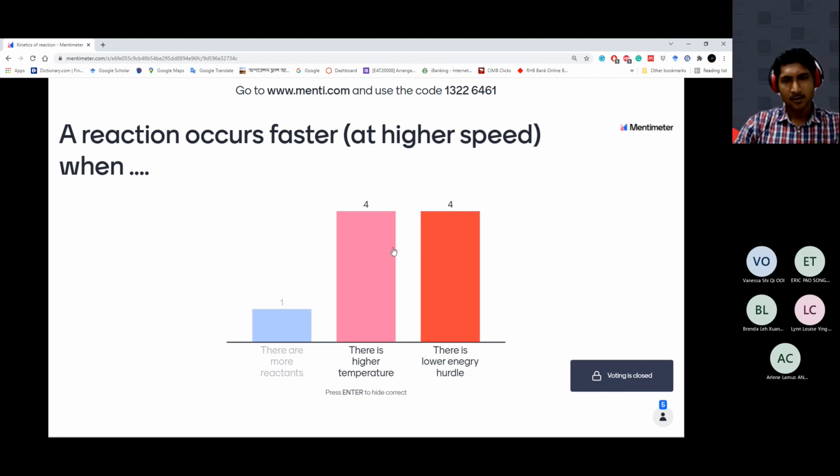Higher temperature mostly favors the reaction to occur, whether it is breaking or forming. And of course, if the energy barrier is low, more reactant will go to the product side. Thank you for voting.